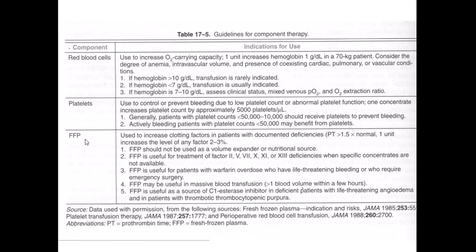And we could use what we call fresh frozen plasma. We use fresh frozen plasma to give clotting factors, for example, if there is bleeding going on. It is used to increase the clotting factors in patients with documented deficiencies, for example if the prothrombin time is more than 1.5 times normal. One unit usually increases the level of any factor by 2 to 3 times.